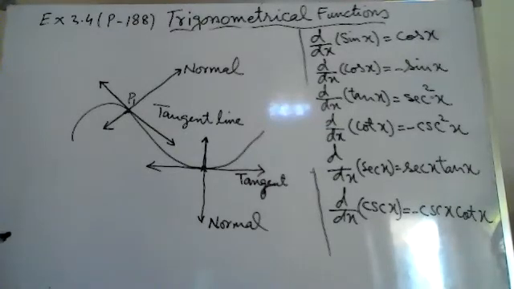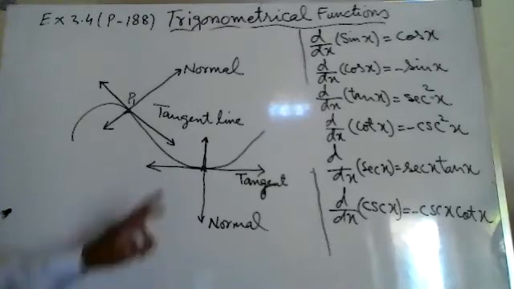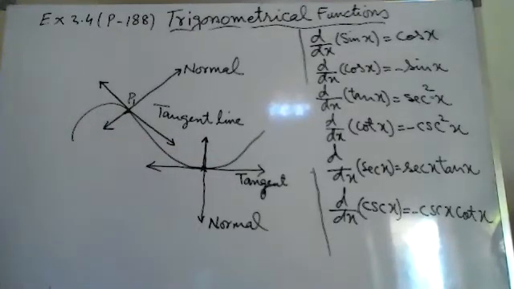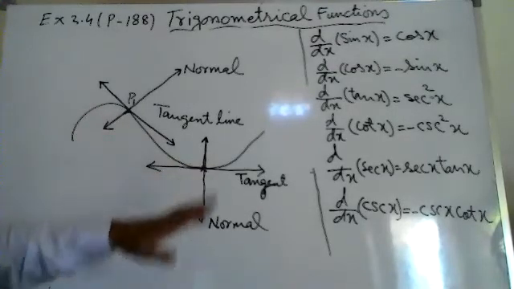So the point must be given and the equation of the curve must be given. Then we are able to find the equation of the tangent line or the equation of the normal line. Otherwise, we can't find. If the point is not given, only the equation of the curve is given, we can't find the equation of the tangent, because at different points, the equation of the tangent will be different.